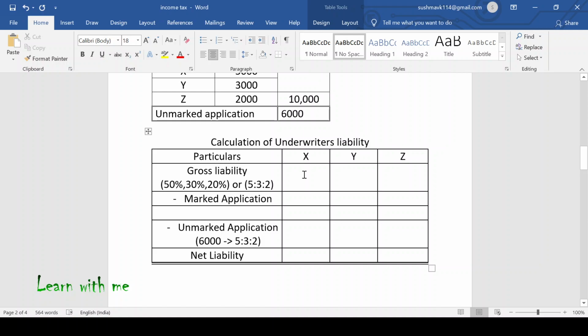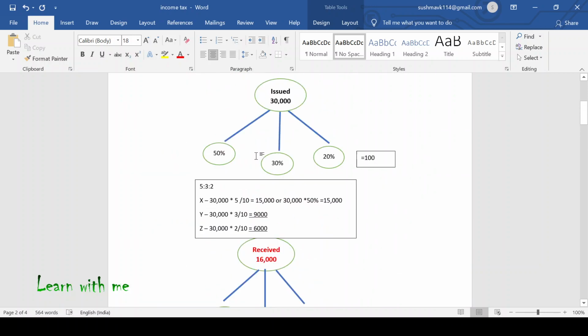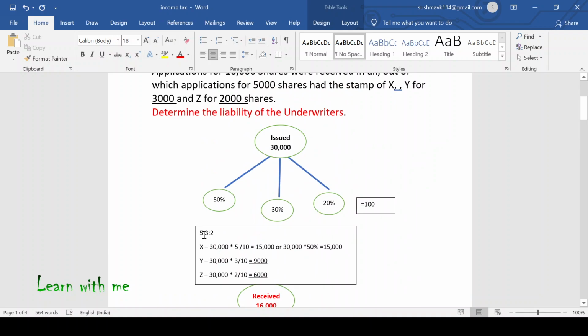Very easy, right? Firstly, you have to write the gross liability. What is gross liability? It is the amount you have calculated using the shares issued by the company, by using the percentage. This is nothing but the gross liability. So what is X's gross liability?